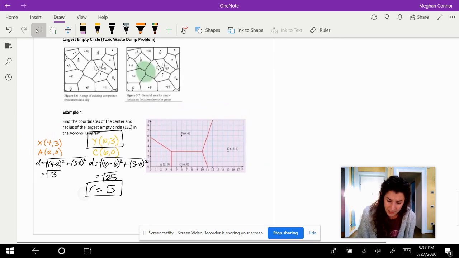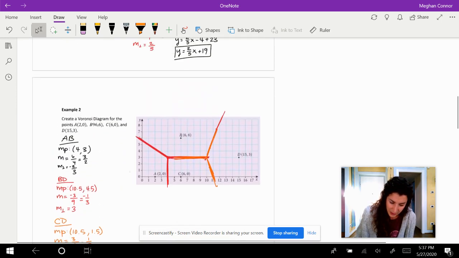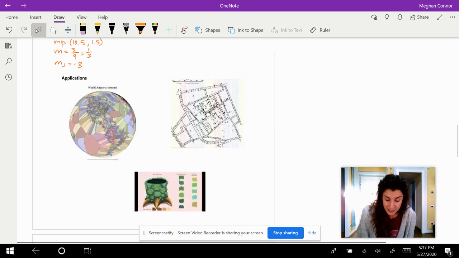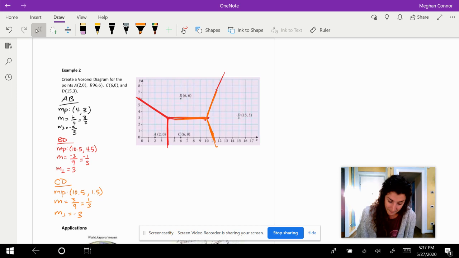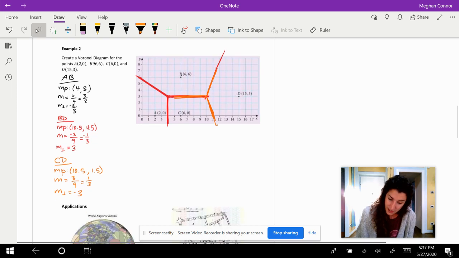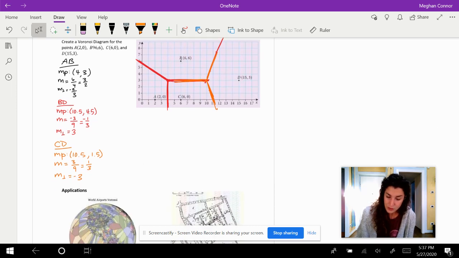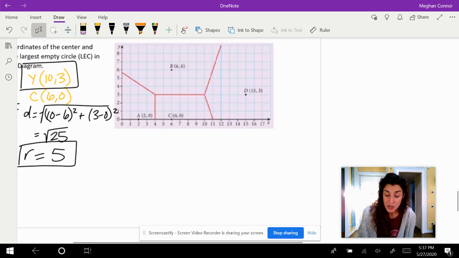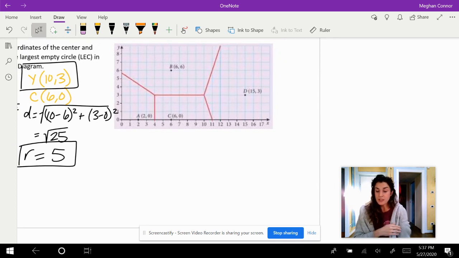I believe this diagram was given to us earlier in our notes, and it didn't give us a context, but we could be talking about restaurants or chains, or we could be talking about delivery services.